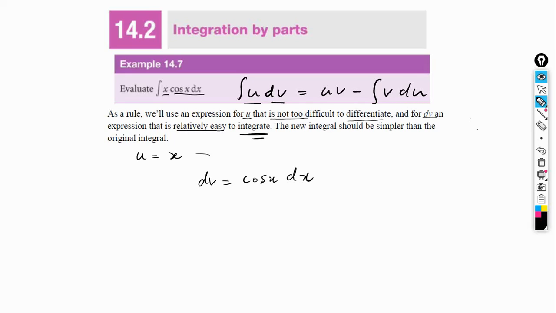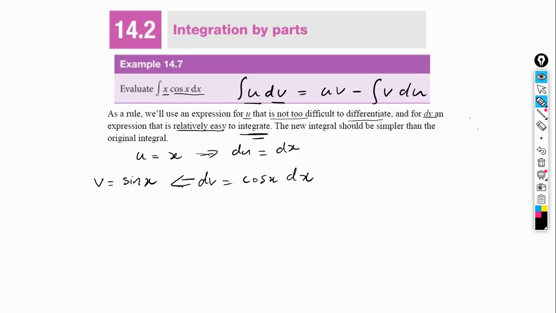Since u is equal to x, that implies that the derivative of u would be equal to dx. And then we need to find v, which would be the integration of cosine of x dx. But that's easy because we know that v is equal to sine of x.